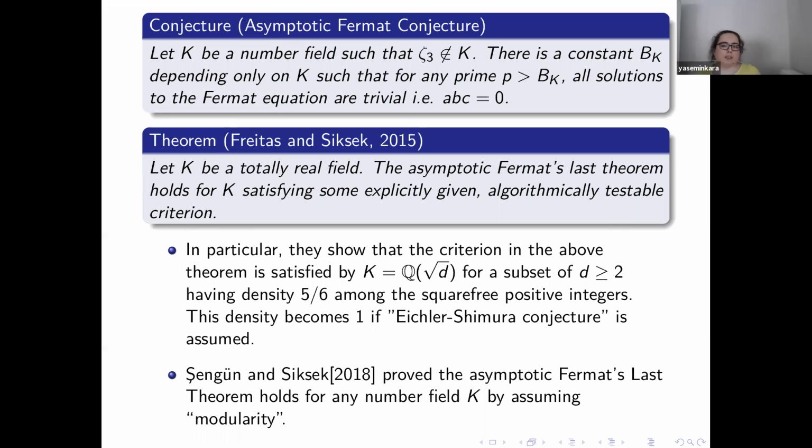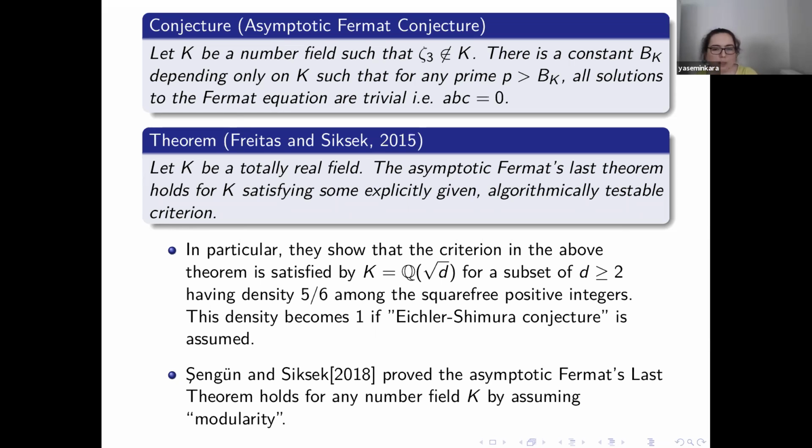And later, Freitas, Şengün and Siksek considered this asymptotic Fermat conjecture over any number field. But this time, when you take any number field, unfortunately, you don't have the modularity theorem, okay? They have it if K is a totally real field, but for an arbitrary number field, they don't have the modularity theorem. This is the theorem that was proved for the rationals, okay?